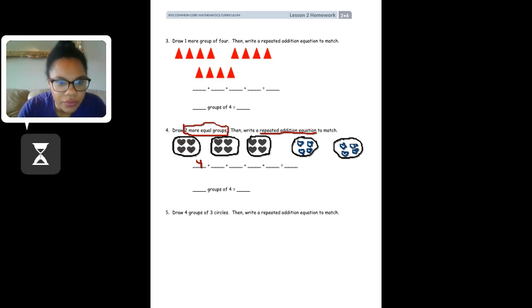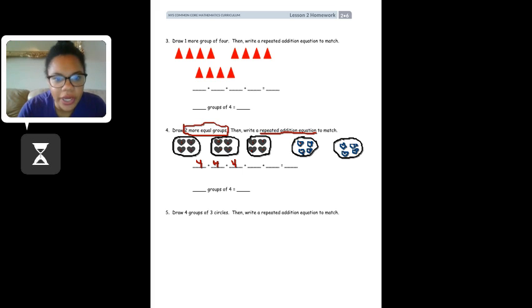Then I have 1, 2, 3, 4 in my second group. And then I have 1, 2, 3, 4 in my third group. And then I have 1, 2, 3, 4 in my fourth group.